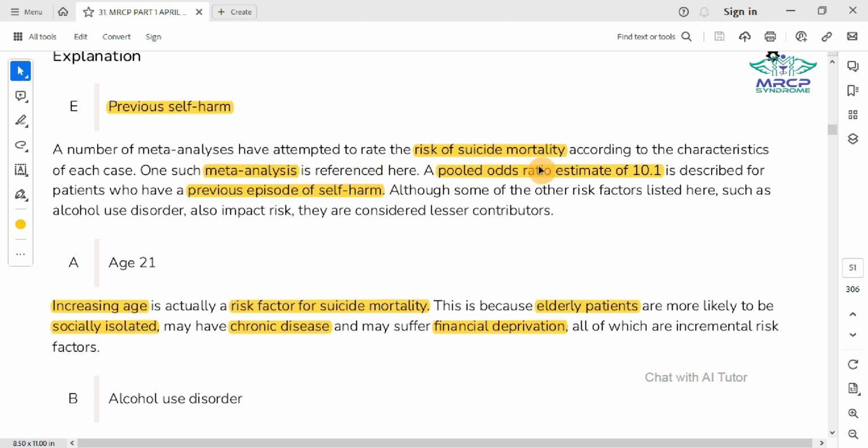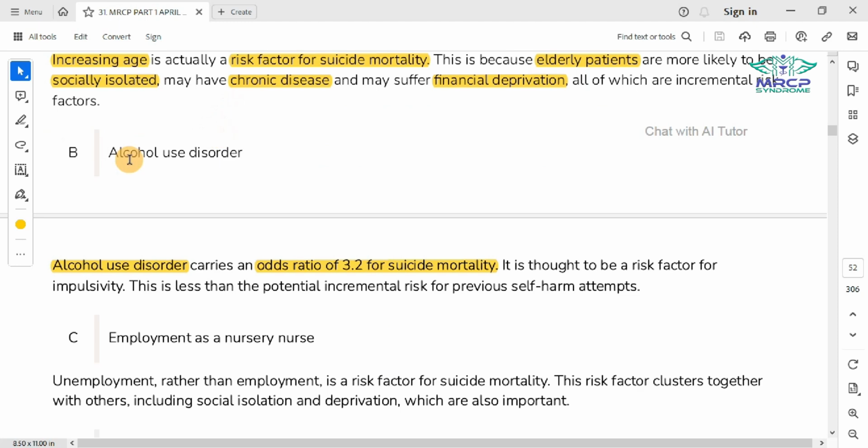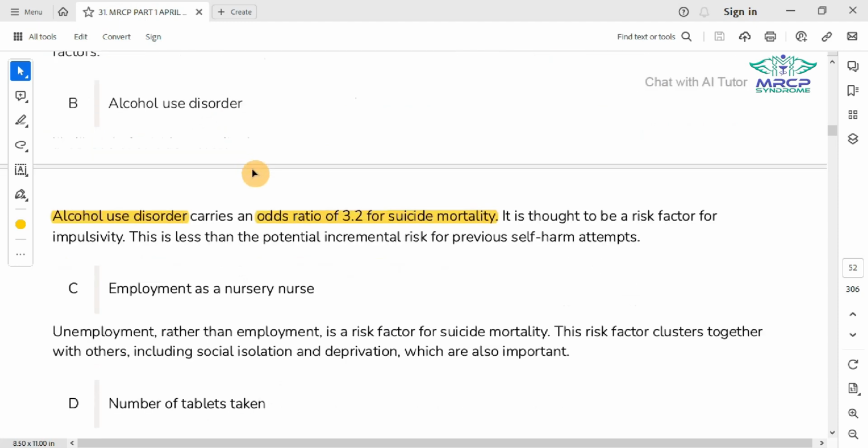A pooled odds ratio estimate of 10.1 is described for patients who have previous episodes of self-harm. Although some of the other risk factors listed here, such as alcohol use disorder, also impact risk, they are considered lesser contributors. So previous self-harm 10.1. Usually the elderly patients are more susceptible to the suicidal risk. Alcohol use is 3.2.